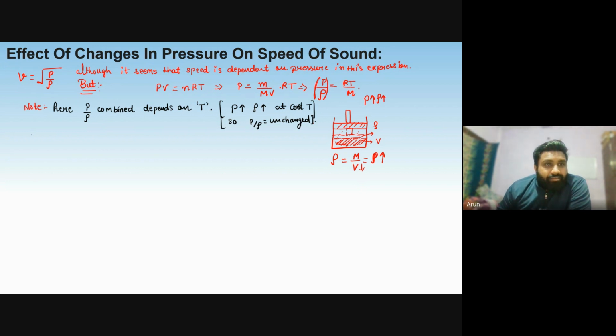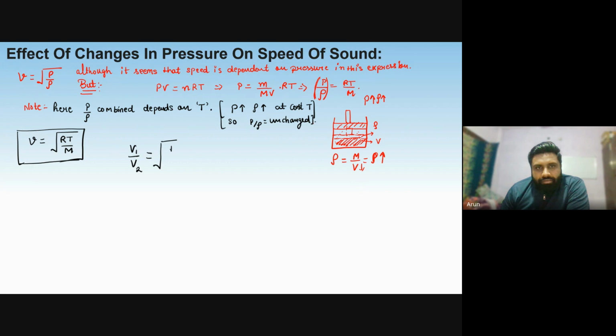So we can say that V is equal to RT upon M. Now, you can also say that V1 upon V2 equals the square root of T1 upon T2.